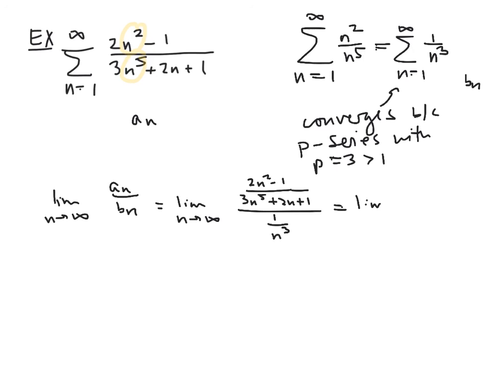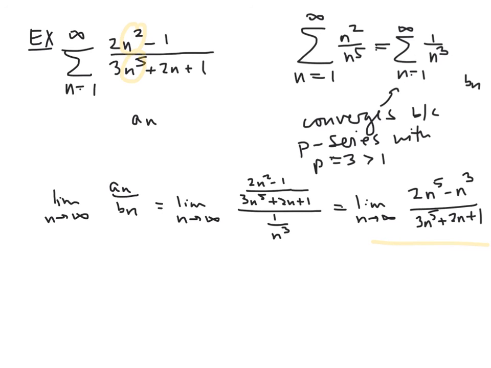Well, you do some algebra, and it takes a little while, but you eventually get it to something that looks like this. And what do you see now? You see that this piece on the right is a rational function. That means it is a polynomial divided by a polynomial.